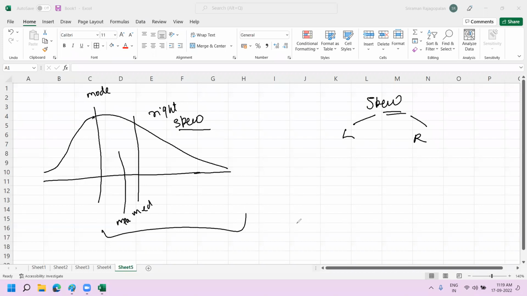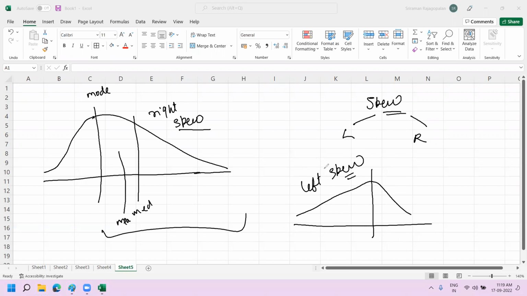When you don't prepare well for the test and the average score is 20, where do you fall in that case? This is the left skew. This is the mode. This is the median, which is the central value, and this is the mean.